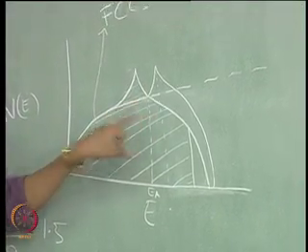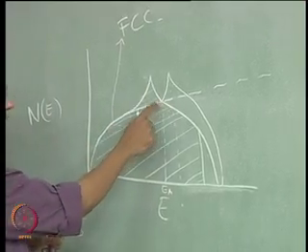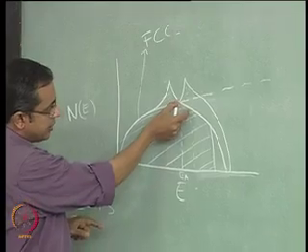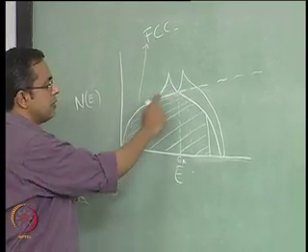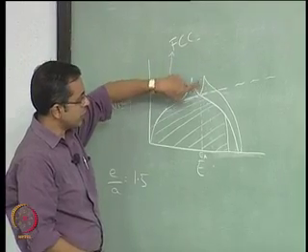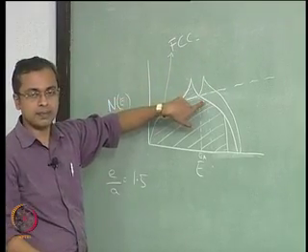Okay, so this is very important to note that the density of available states for the FCC structure has already started decreasing and is continuing to decrease in this range, whereas that for the BCC structure was increasing, and specifically in this range it is continuing to increase, whereas this is decreasing.